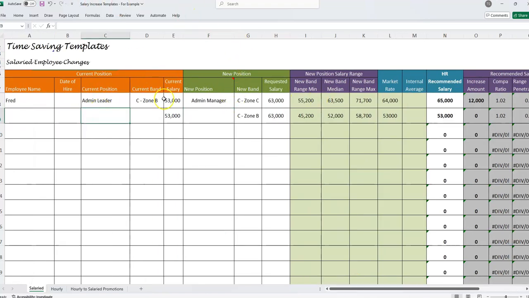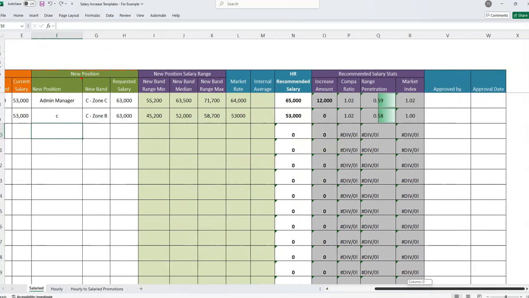And you can also do the same type of analysis in the salary increase template, which has more columns to fill out. Basically, for current and new position, you could put this row as the new location, and this row as the current location. That way I was looking at the stats over here, and if the new salary brought him to that 1.02 compa-ratio.